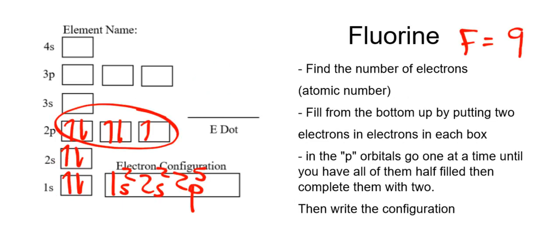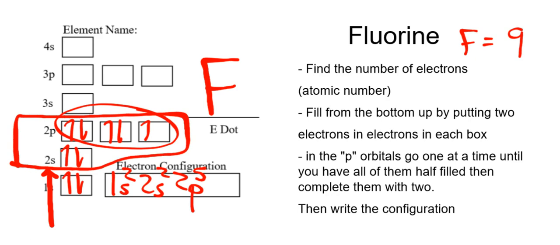We have fluorine. So we put an F, and then we come here, and we go up until we hit the highest number, and then it's everything in that level. So the highest number that has anything in it is this second level, and we have to count everything. So there are 1, 2, 3, 4, 5, 6, 7. So fluorine will have 7 dots, and they would go in this specific order. The first 2 would be together because that's representing those 2.